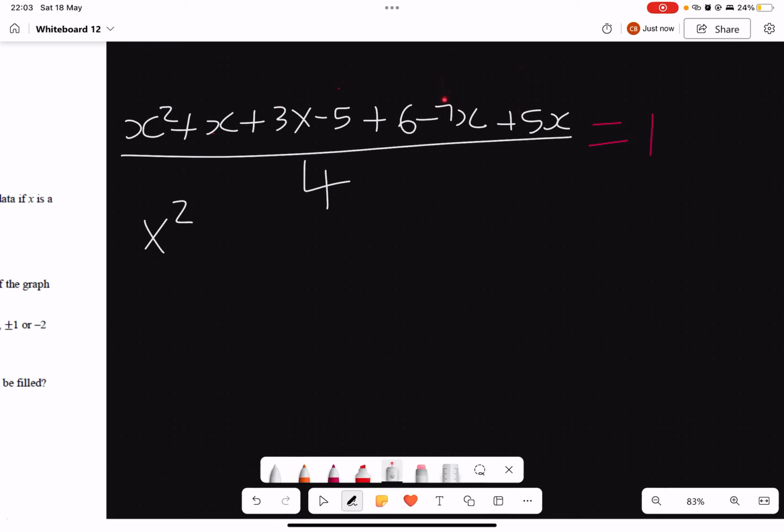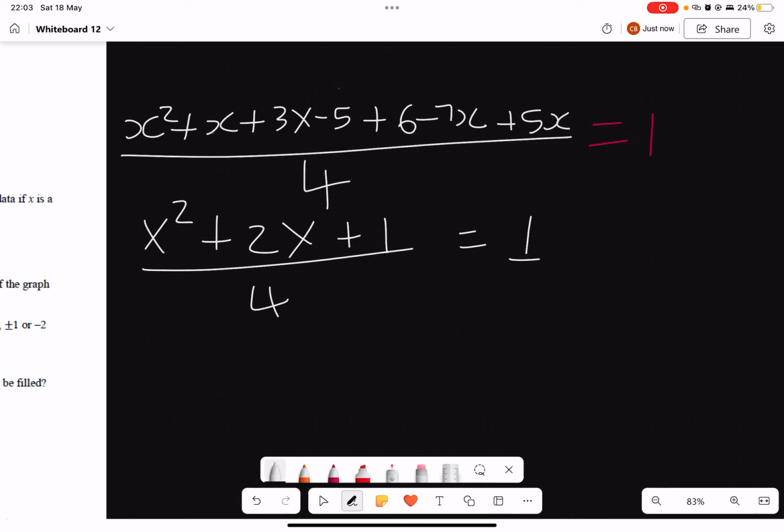So you have positive 2x. And then let's see the numbers. It's minus 5 plus 6. That gives us positive 1. So plus 1 all over 4 equals 1.